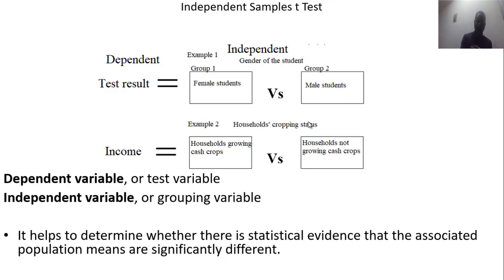For example, in the independent variable there are two groups, female students and male students. We can code one for female students and two for male students. Then 1 and 2 are numbers, but those numbers are not continuous numbers. They are just nominal numbers that represent male and female students.